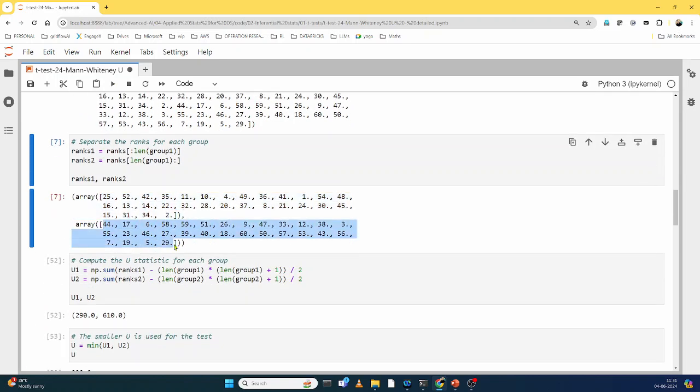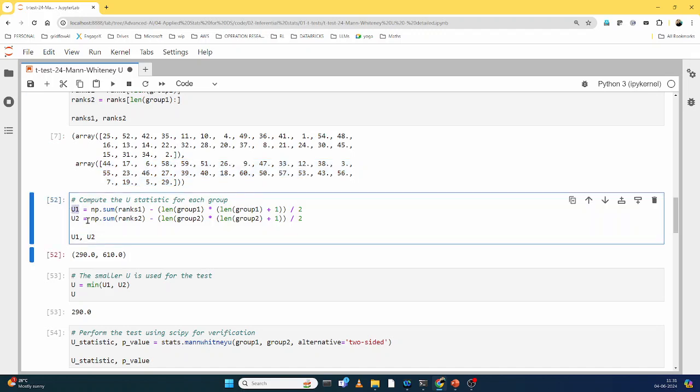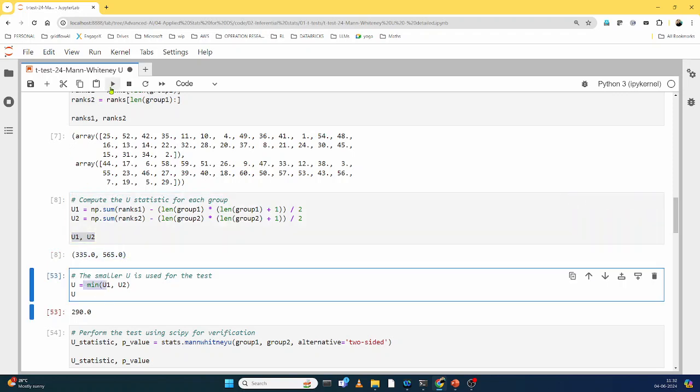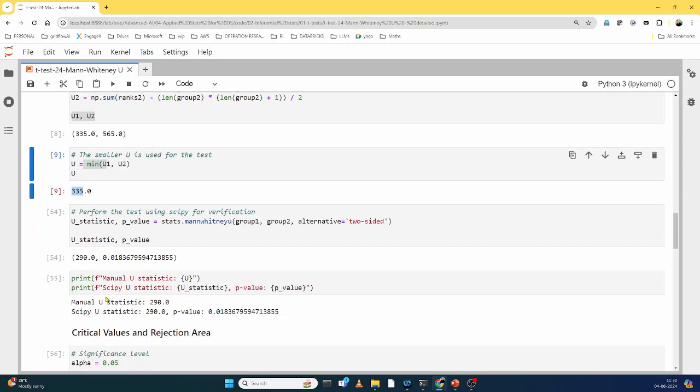Then we compute the U statistic for each group using the formula that we discussed in the slides earlier. That's my U1 and U2, and we consider the smaller of the two as the U statistic. In this case, it is going to be 335.